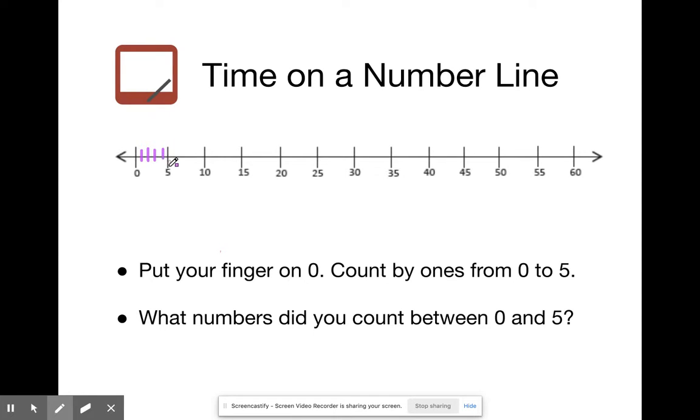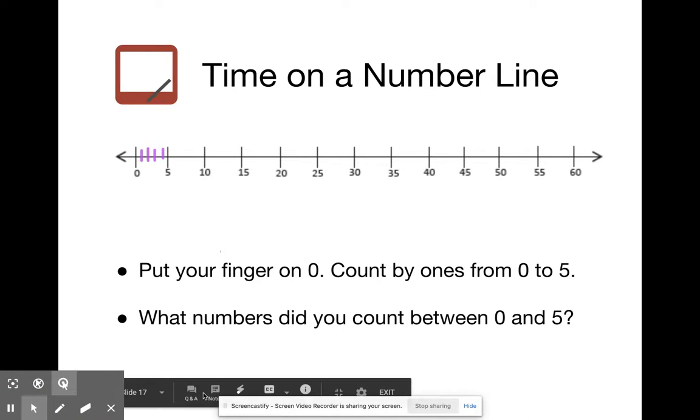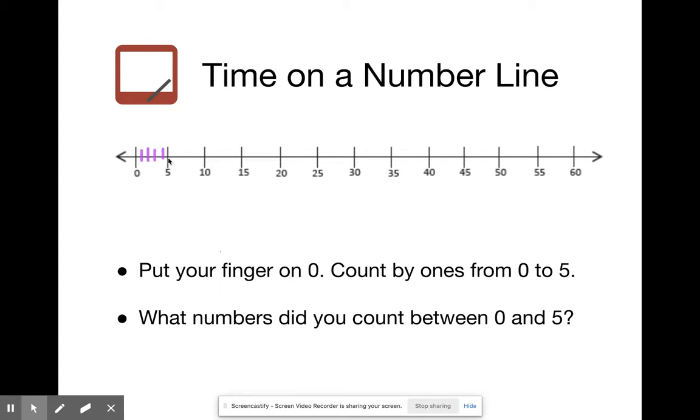Now I'm not going to draw another line because the 5 is already labeled for me. So I counted 1, 2, 3, 4 between 0 and 5. So these little tick marks are representing those minutes that are in between 0 and 5.